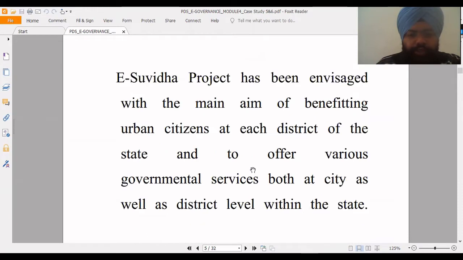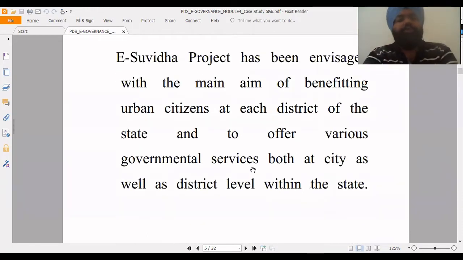So eSuvidha project has been enacted with the main aim of benefiting urban citizens at each district of the state and to offer various governmental services both at city as well as district level within the state.